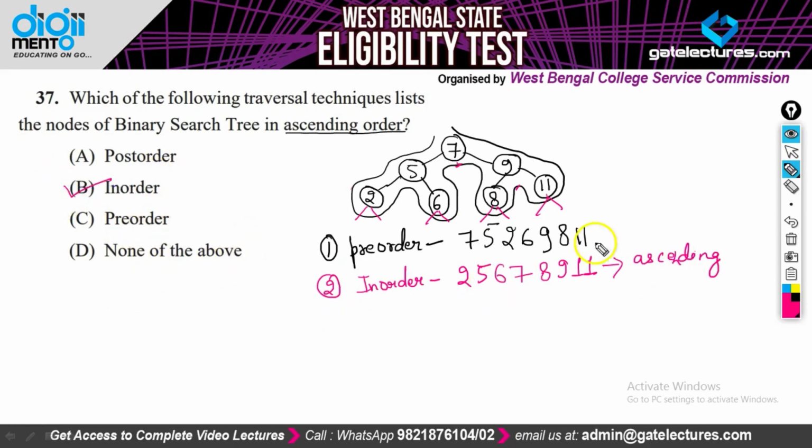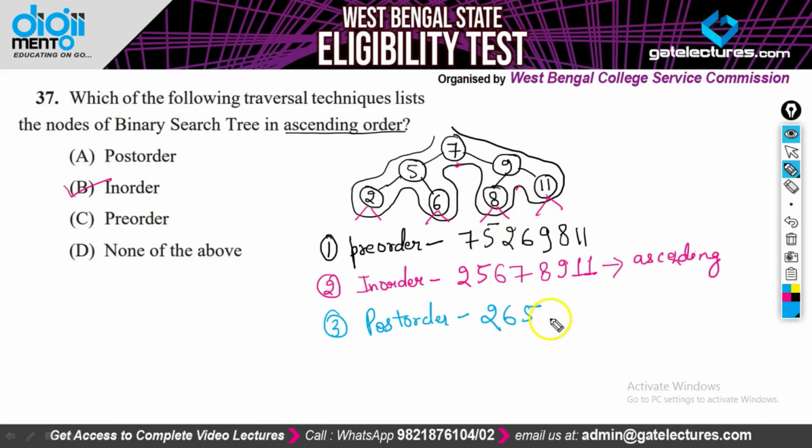So let's traverse it post-order also. So it will be what? When I visit a node for the last time, so 2 is visited last time, so it's 2, then 6, and then 5 is visited last time, then 5. 7 is visited second time, so it's not the time to write it.